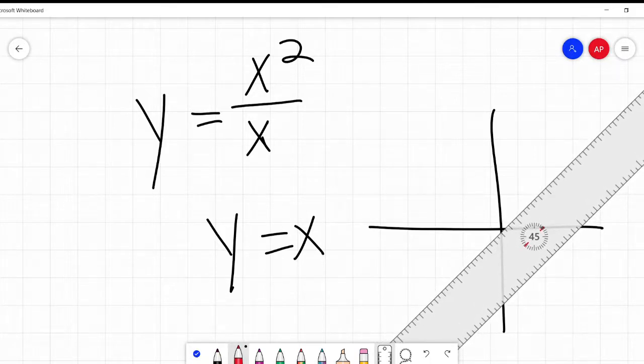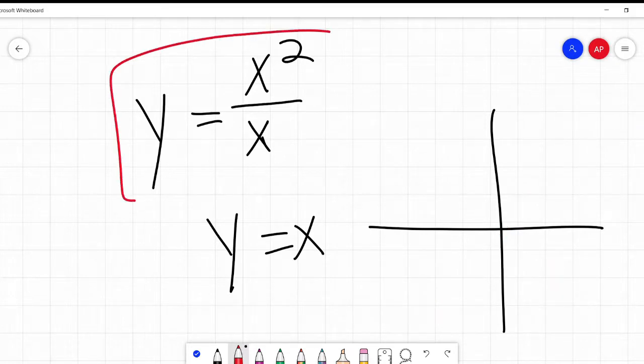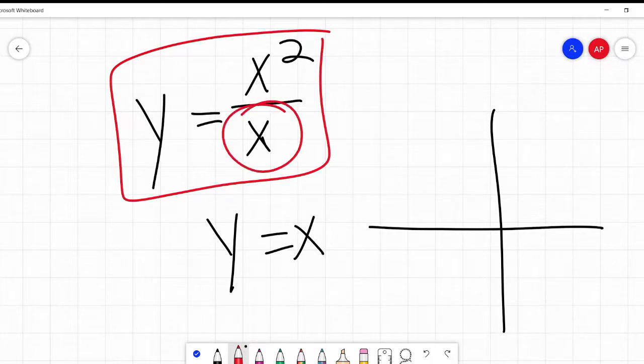This is just a line, and I'm going to draw y equals x. There's my line. I got it. Not exactly. Because the original, which is what you're graphing, has an x in the denominator. So what if x was 0? It would cause a problem.